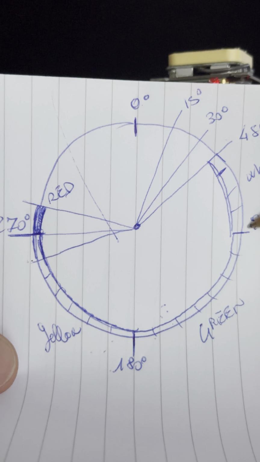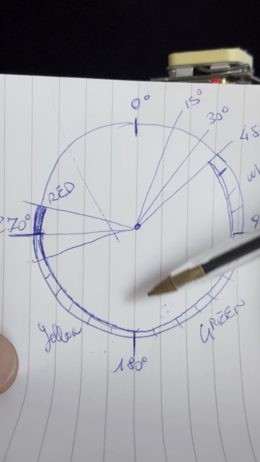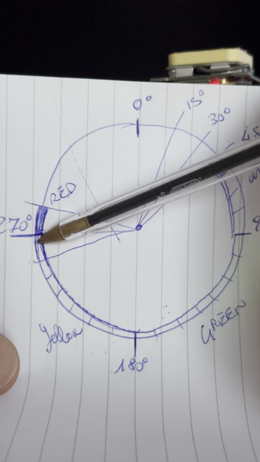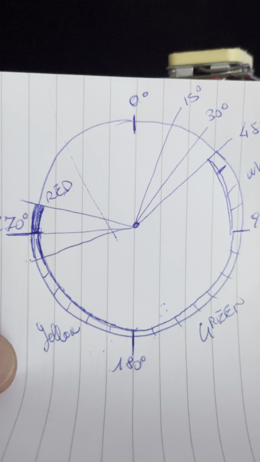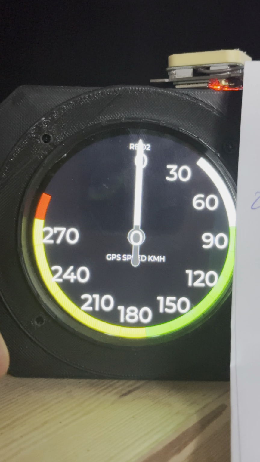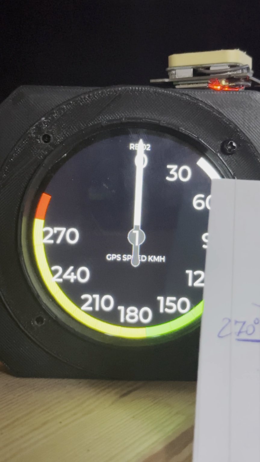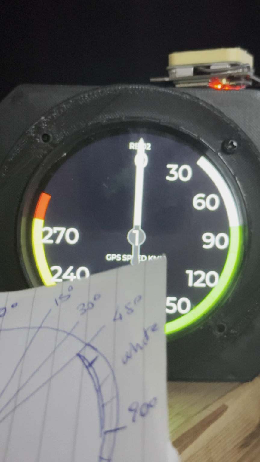The green starts at 90 and finishes at 180. Then the yellow from 180 to 270, and then the red arc. So this is a configuration that may reflect your primary instrument. You can move around and change it, it's up to you.